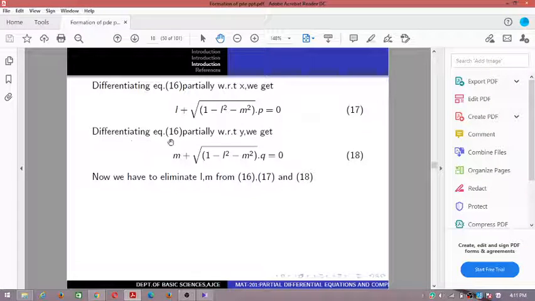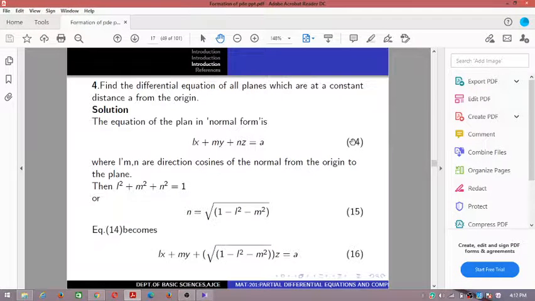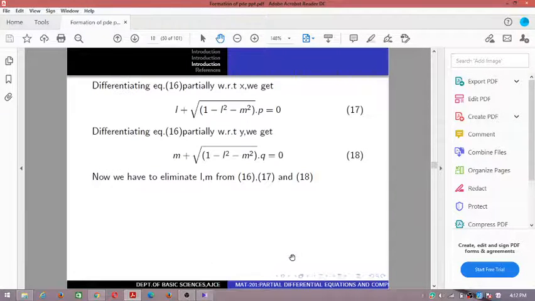Now differentiate the same equation again partially with respect to y. We get the first term reduced to 0 because L and x are constants with respect to y, and in the second term y is a variable, M is a constant, so M into derivative of y with respect to y is M, plus this term is constant, that is square root of (1 minus L square minus M square) into dou z by dou y, which is nothing but q, is equal to 0, because a is a constant, its partial derivative with respect to y is also going to be 0.